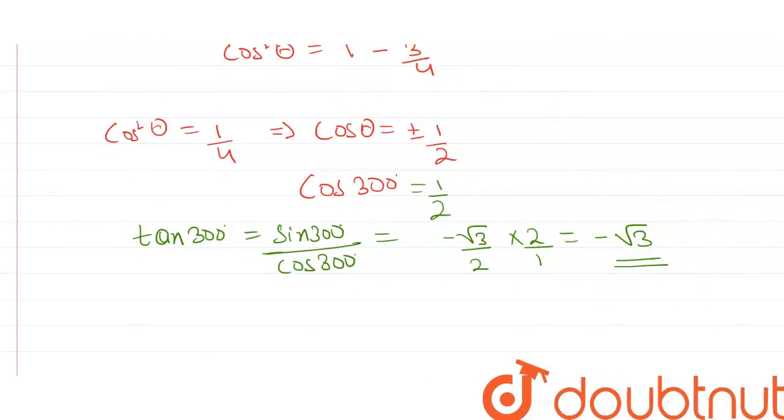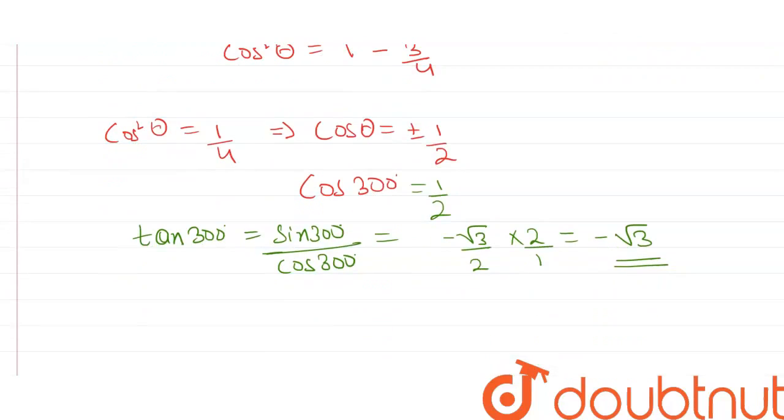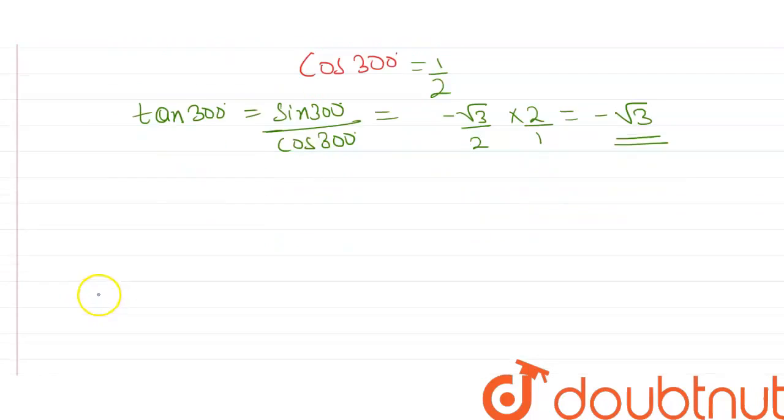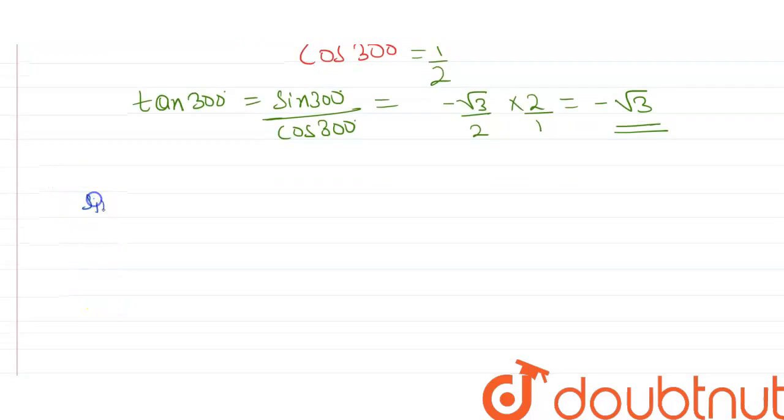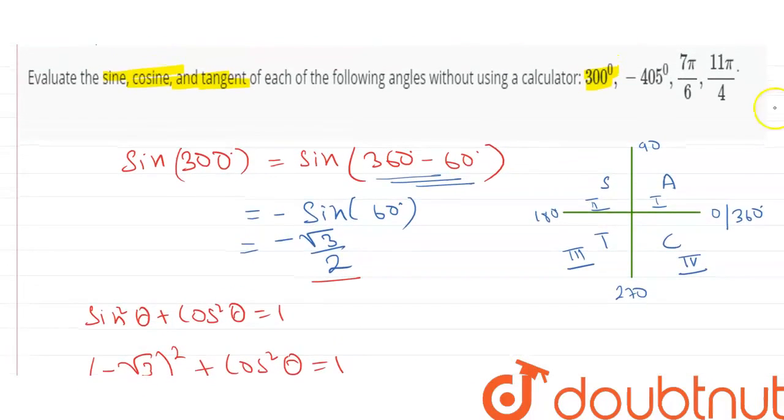So the next part is minus 405 degree. Sine of minus 405 degree. Here the minus sign indicates that the angle is in the clockwise direction.